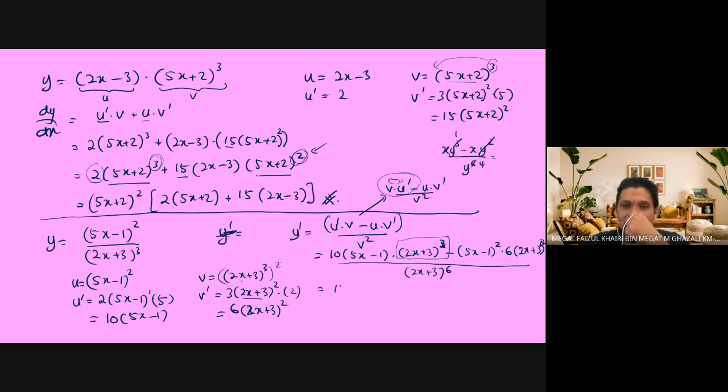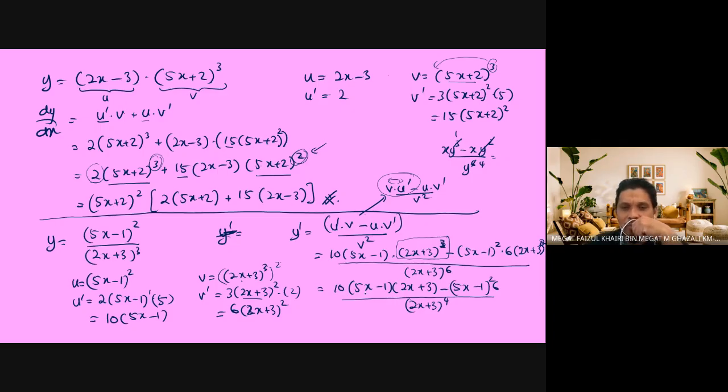So then we got 10(5x minus 1), and then 3 here. Then we got (2x plus 3) to the power of 1, minus (5x minus 1) squared, and 6. This one we divide by (2x plus 3) to the power of 4.